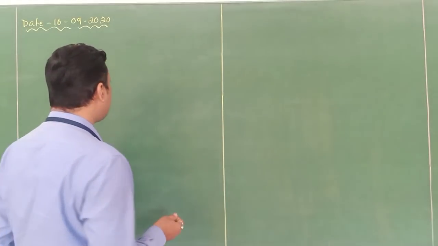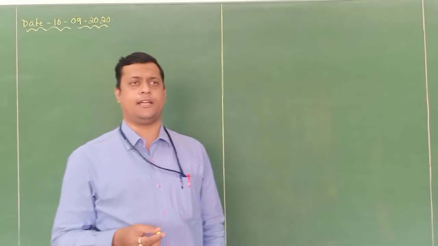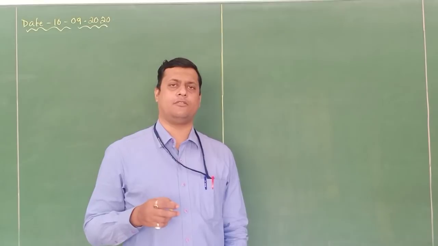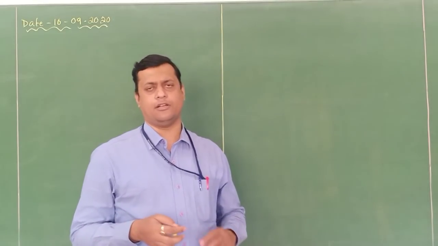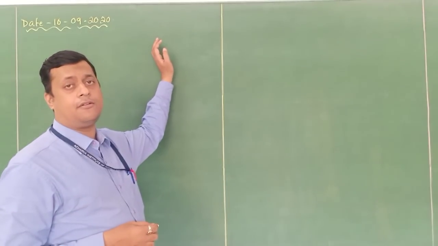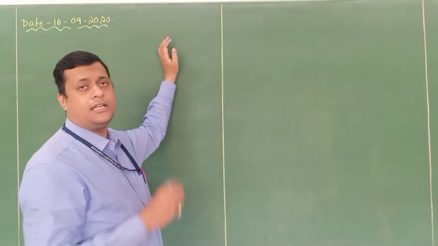Okay. So today we are going to discuss the modulation index, which we can represent for a single tone signal as well as for a multi-tone signal. We will also see the effect of the modulation index while we transmit our signal from the transmitting end to the receiving end.